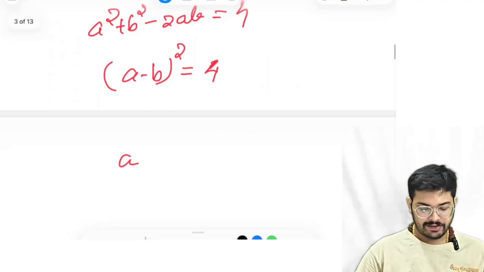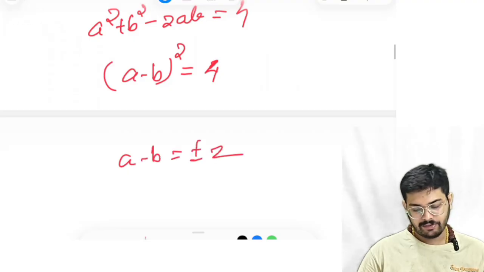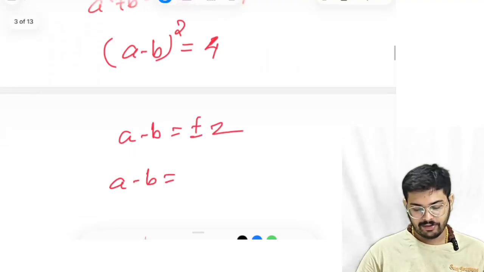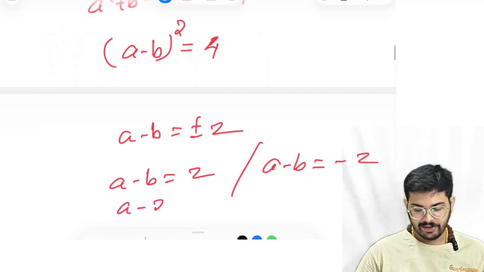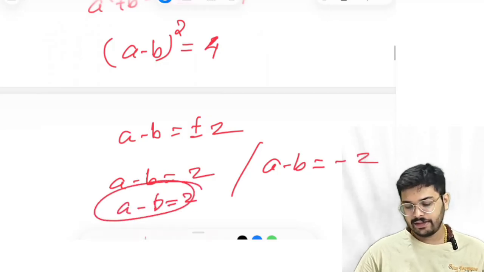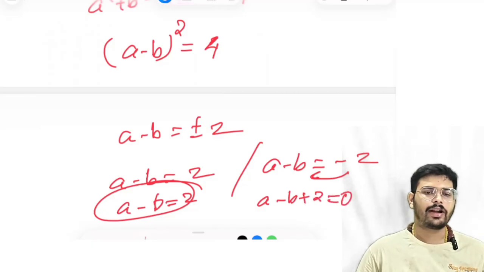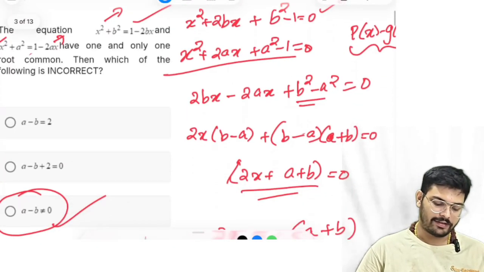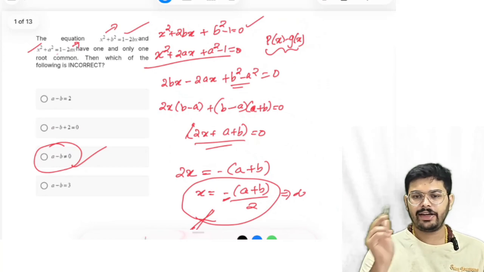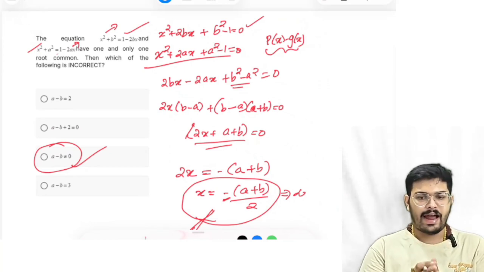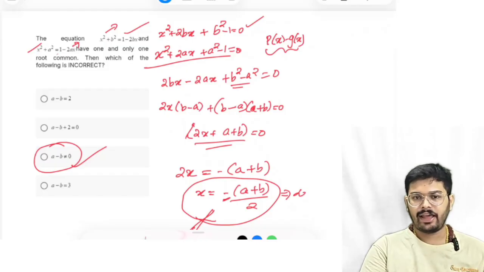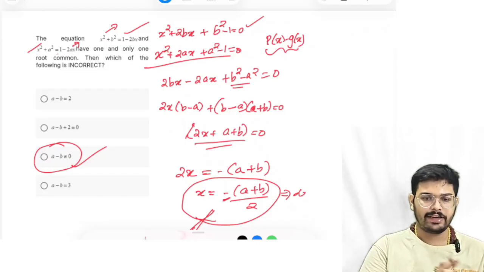That is a minus b equal to plus or minus 2, which means a minus b equal to 2 or a minus b equal to minus 2, that is a minus b plus 2 equal to 0. So the first two conditions are correct. You can do it with the difference also. When you take the difference, you will get only a single value, that is the common root. When you add, then you should consider having a single root only, then only you will get the solution.